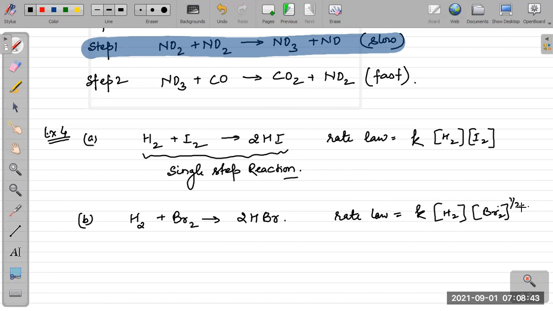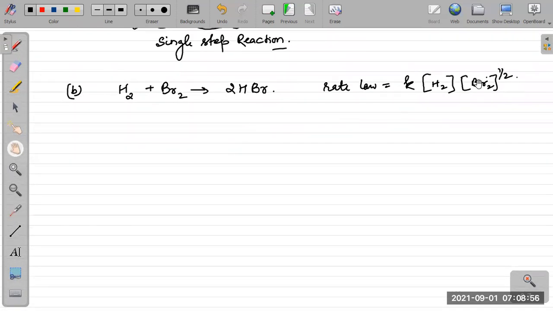Okay. Now, stoichiometry is suggesting that one molecule of H2 and one molecule of Br2 should be interacting, but that is not happening. Now, this half order dependency on Br2, how do we explain it?